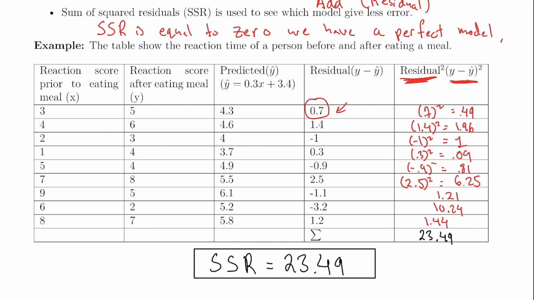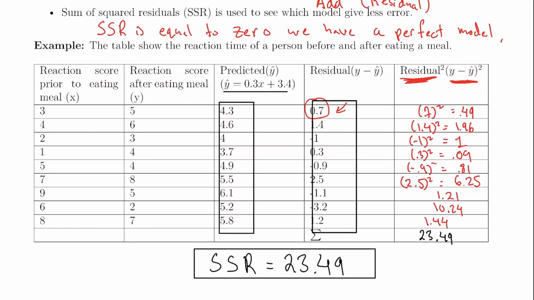So the sum of square residual is not that bad to calculate. The only thing is, it does take a lot of steps, because first you have to calculate the least square regression model. Once you calculate that, then you have to find the predicted value. Then you have to find the residual.